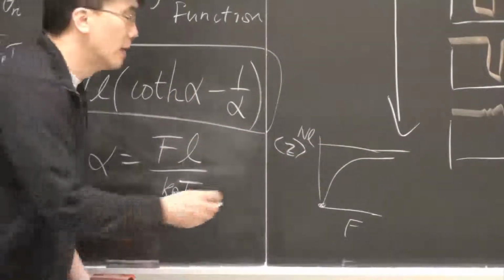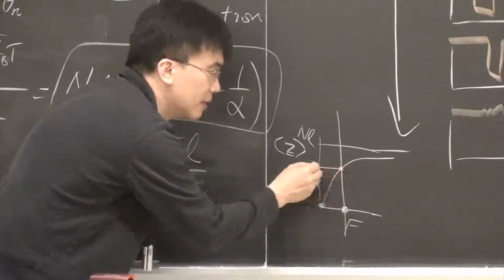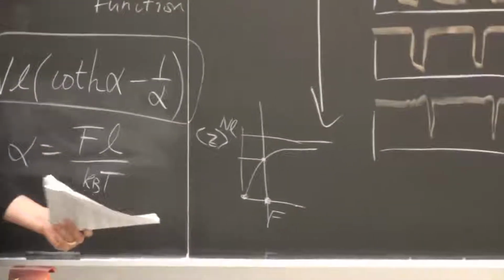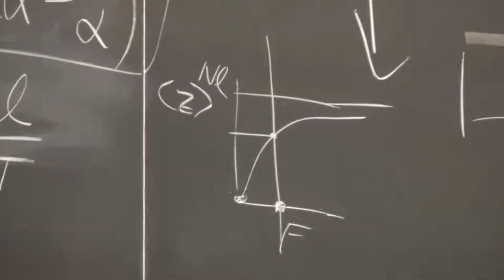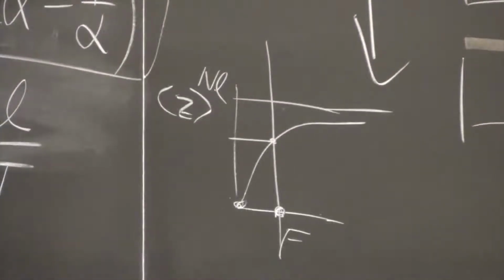The question is, roughly, what force do you need to apply to get a large change? That can be obtained from this scaling factor. So alpha is defined as this. You get a significant change in the length of this guy, a big deviation from the 0 length, if you apply a force such that this becomes about 1.